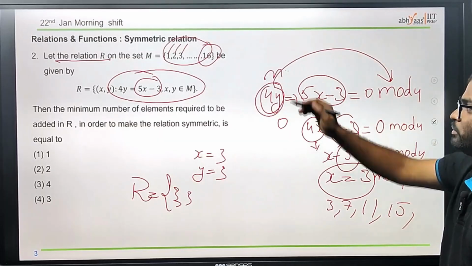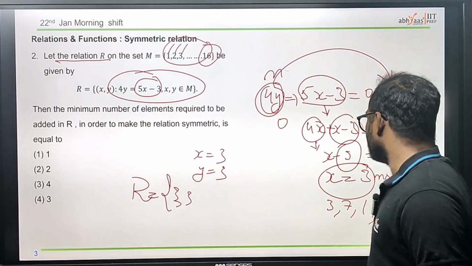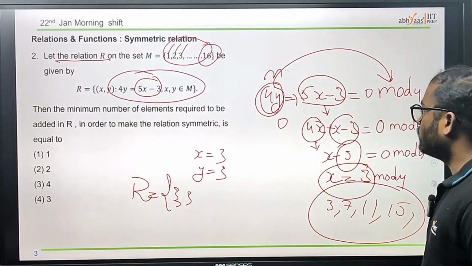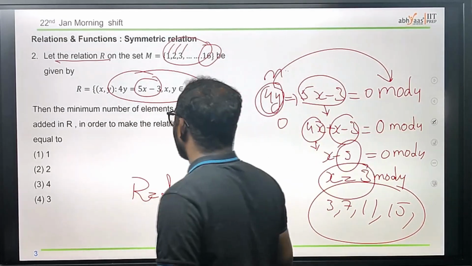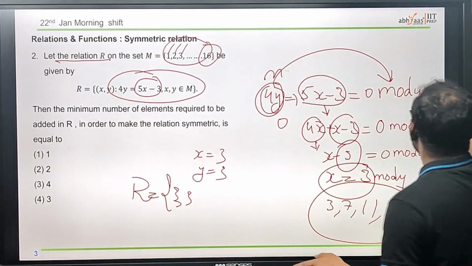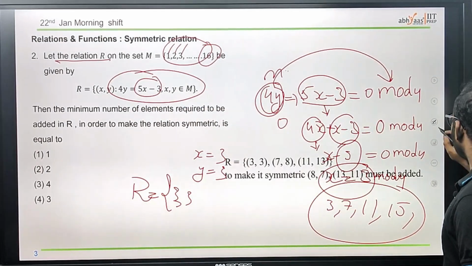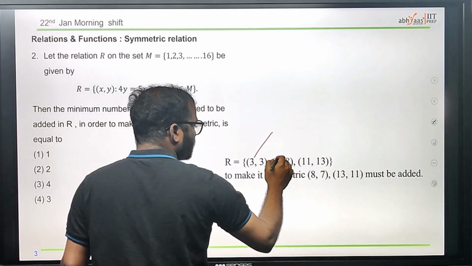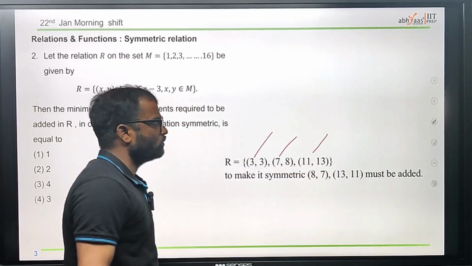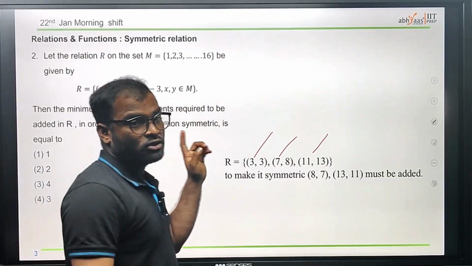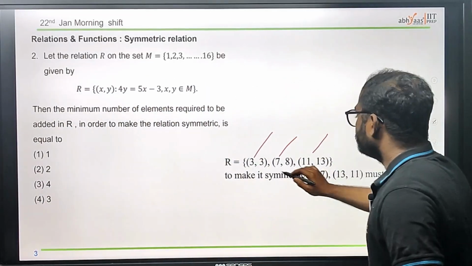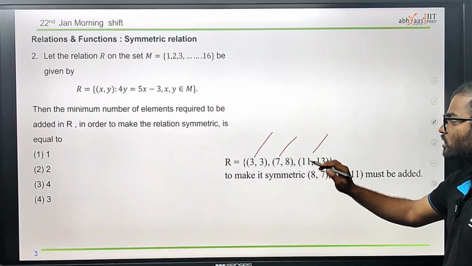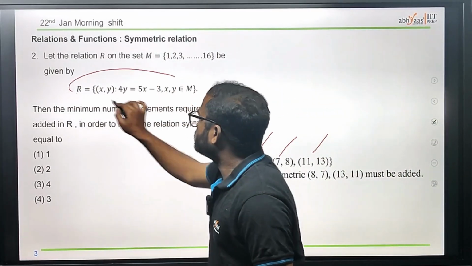This cannot be taken because the set is only up to 16. Therefore these are the values we can form the relation with. Now we got 3 comma 3, 7 comma 8 and 11 comma 13. I think it's not 15, it's 13, sorry for that. Now we got these three relations in this set.